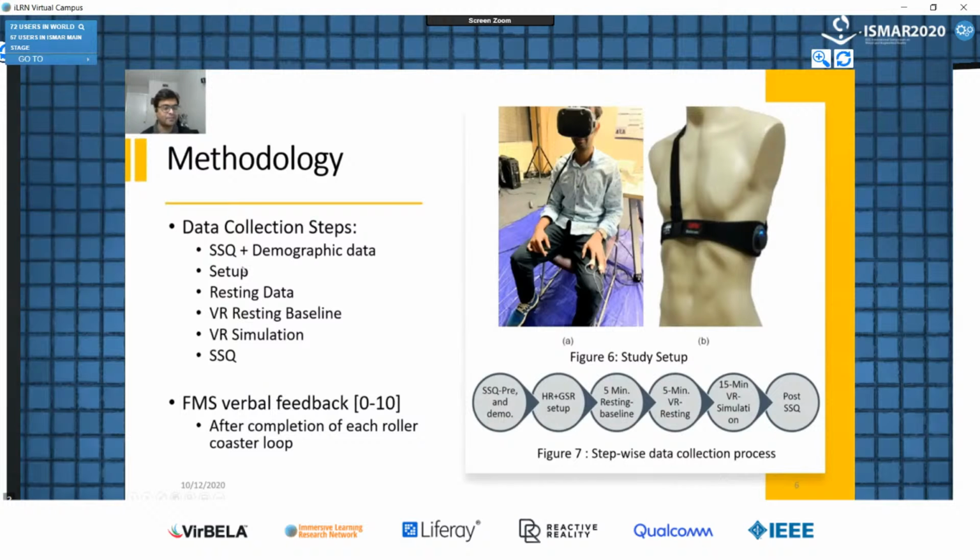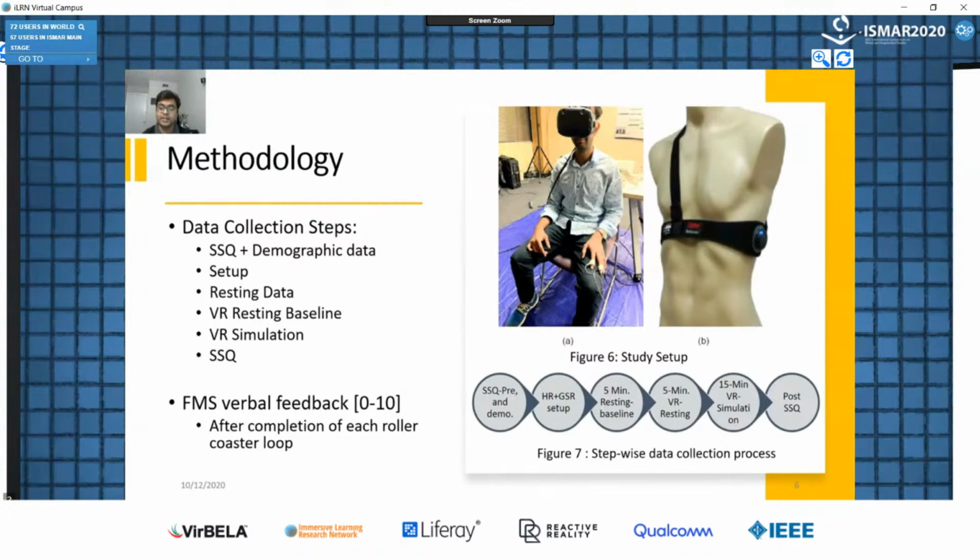Okay, so the steps were: we collected the demographic information, we set up the heart rate and the GSR sensors, then we collected the resting baseline data. There was no virtual reality experience during that 5 minutes of resting baseline data. We just wanted to collect the resting baseline of each one of those physiological sensors.